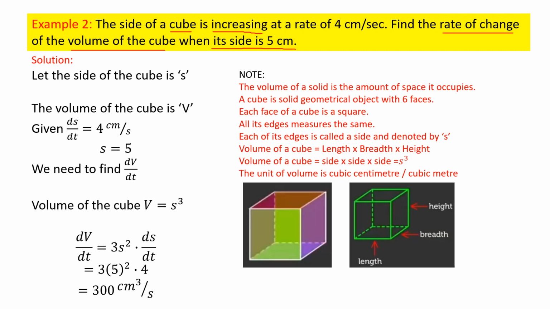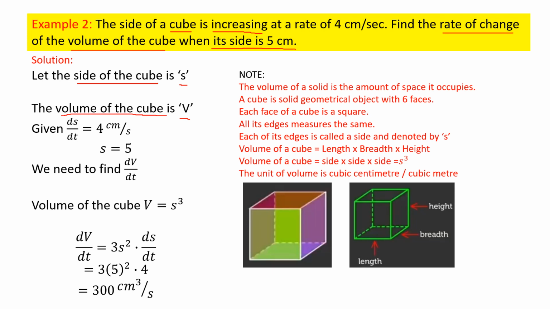So here they clearly mention the rate of change of the volume of the cube when its side is 5 centimeter. We denote the side of a cube by the symbol S. We denote the volume of the cube by the symbol V.